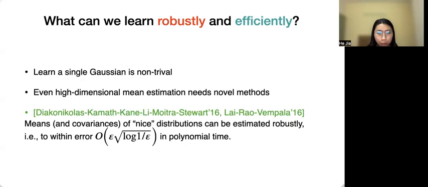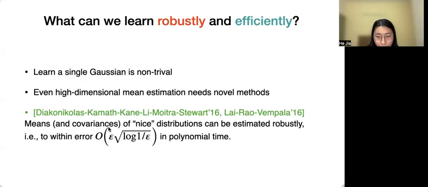They both gave the following results: mean estimation algorithms in this robust setting for nice distributions. Nice distributions means they have bounded second moments, and bounded fourth moments if we want to estimate covariance. The result is that they can recover the mean within error O(epsilon times square root of log 1 over epsilon) in polynomial time.